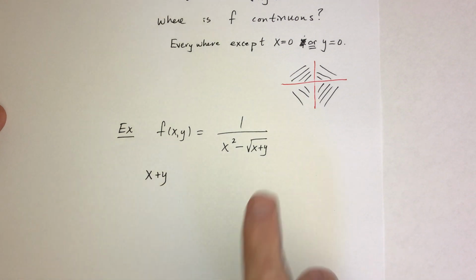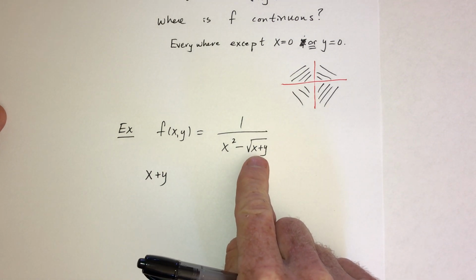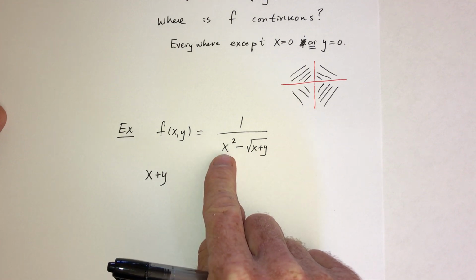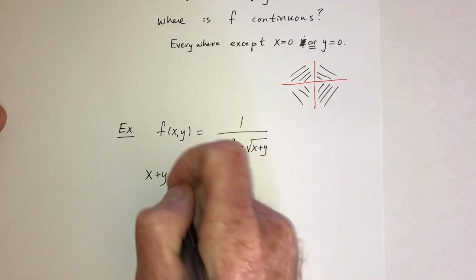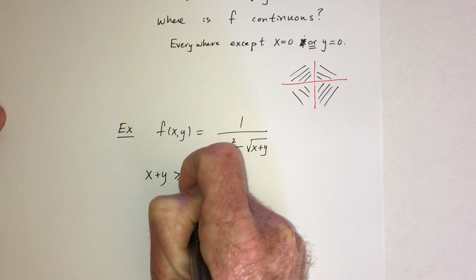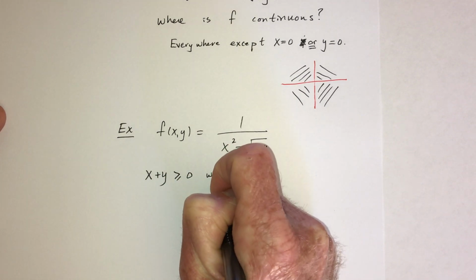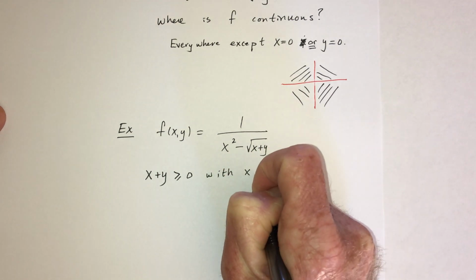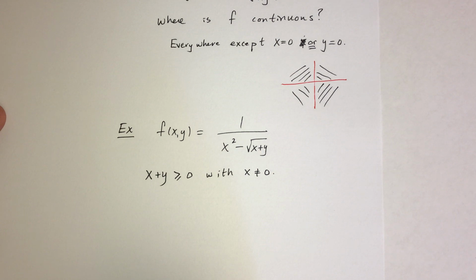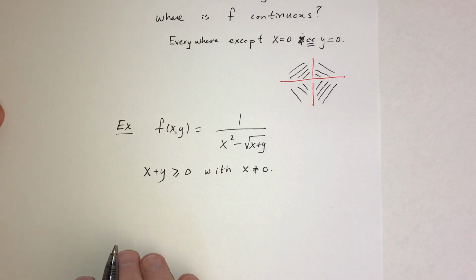Actually, it could equal 0, because if this equaled 0, as long as this doesn't equal 0 at the same time, so bigger than or equal to 0 with x not equal to 0. So that is part of it.